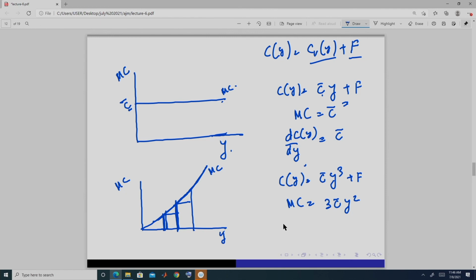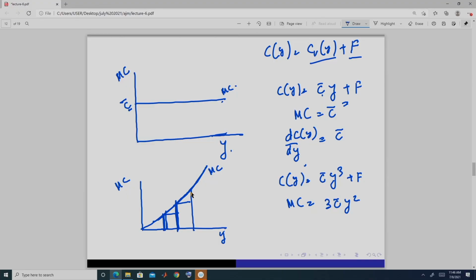Easiest way to explain, because your capital is fixed and we require more and more labor to produce one more additional unit of output, because marginal product is decreasing. That means, if I increase one more unit of labor, the additional output we are getting is going down. So, I have to employ more labor to produce one unit as we go on increasing more and more output.